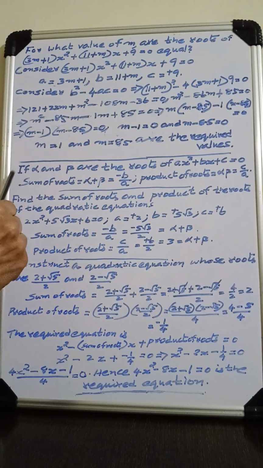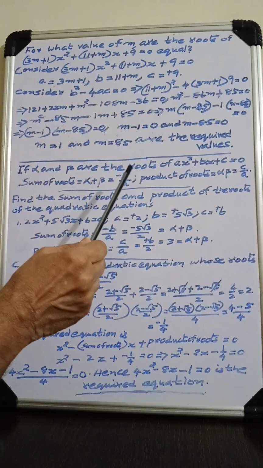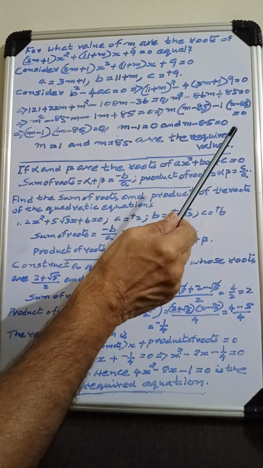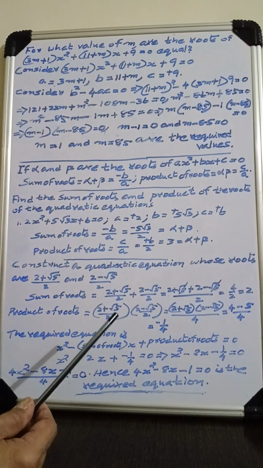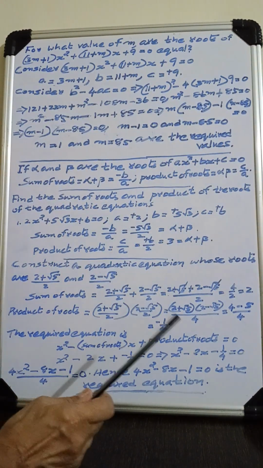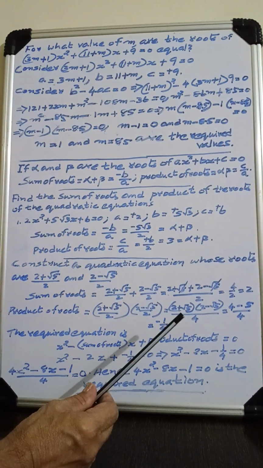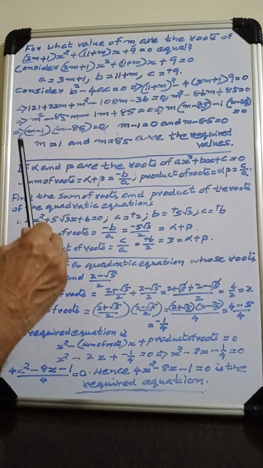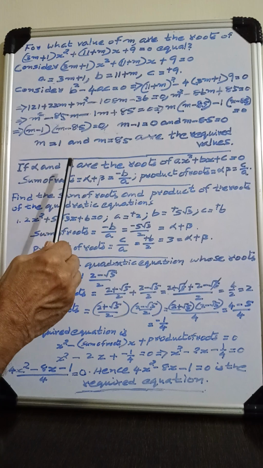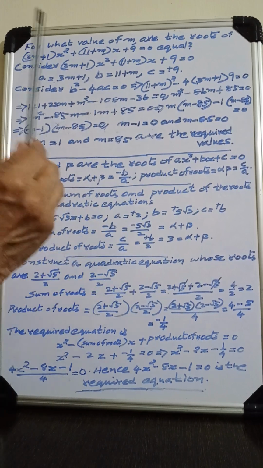Next, there is a concept I am giving here. If alpha and beta are the roots of ax squared plus bx plus c equals 0, a quadratic equation, we can consider two roots. Therefore, I am supposing alpha and beta are the roots.